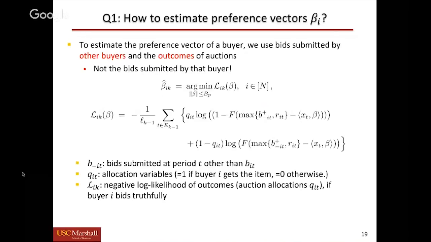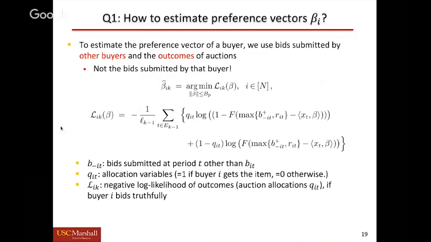Let's say you are at episode K and you want to estimate this preference vector beta for buyer i. You do that with some optimization problem. This calligraphic L is just the minus log likelihood function for the allocation that you see in the previous rounds. If you look at this expression, you see that b_it, the bid submitted by buyer i, doesn't appear anywhere in the formulation. You only have b_-it, which means all the bids excluding the one coming from buyer i.